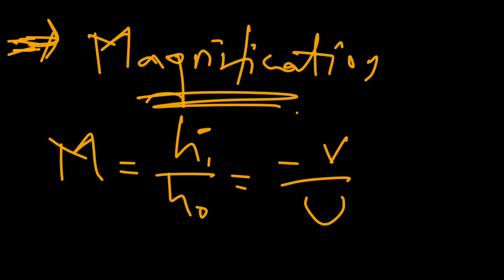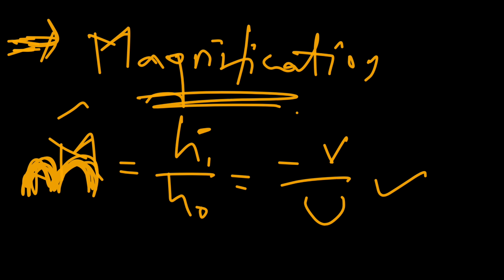In some situations, they won't give heights, they only give image distance and object distance. For that purpose, you can use these two. Sorry to say, here m has to be a small letter. I have put a capital letter. Sorry for this.